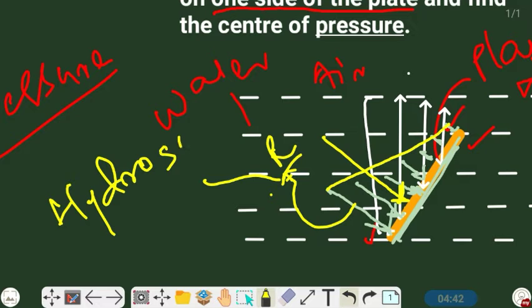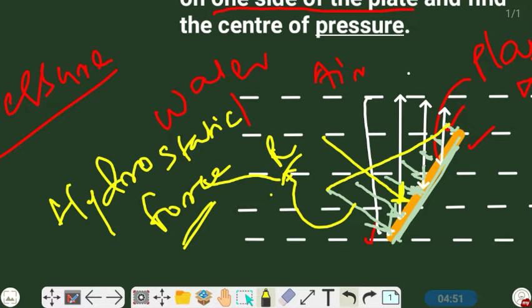And one more thing: where it acts, this point, and the vertical distance of this point from the free surface, is called the center of pressure.